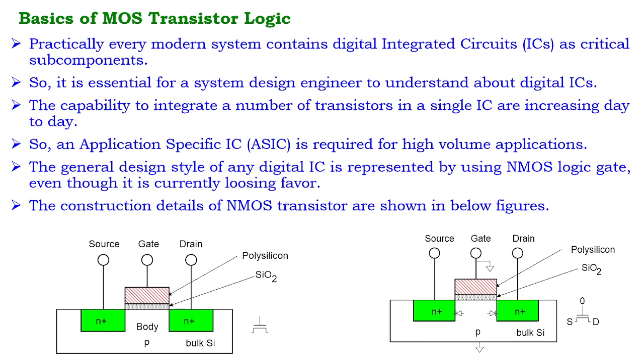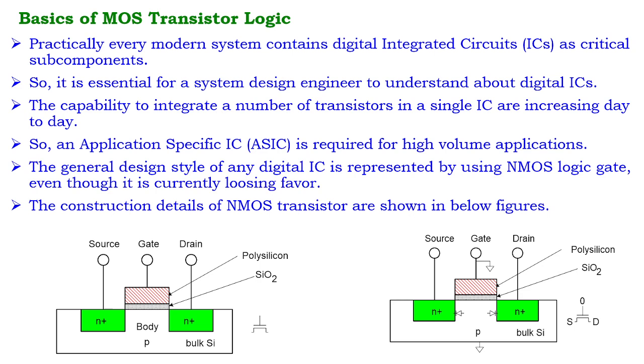Practically, every modern system contains digital integrated circuits as critical subcomponents. So it is essential for a system design engineer to understand digital ICs. The capability to integrate a number of transistors in a single IC is increasing day to day.